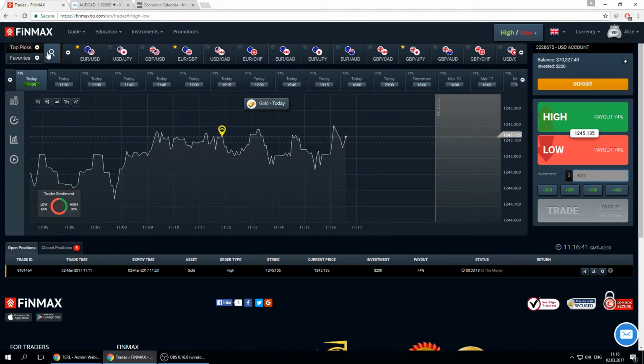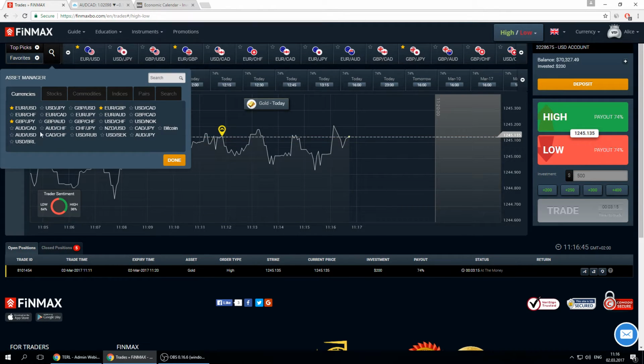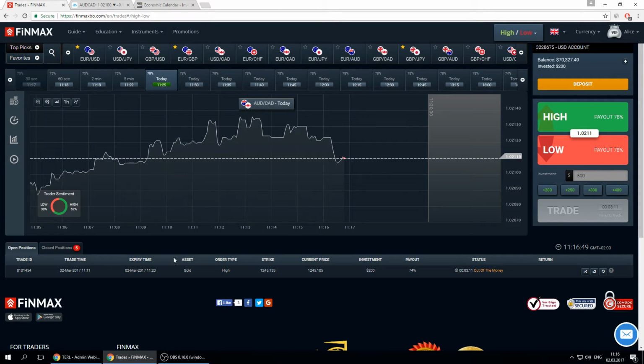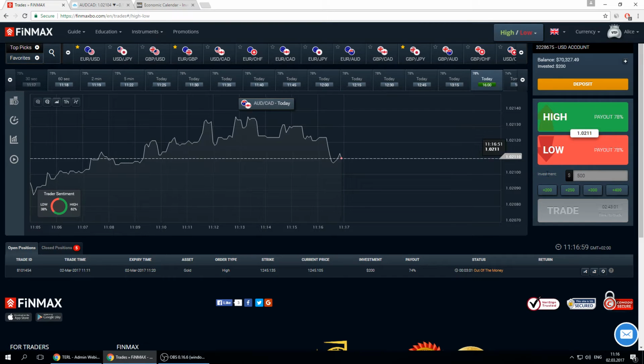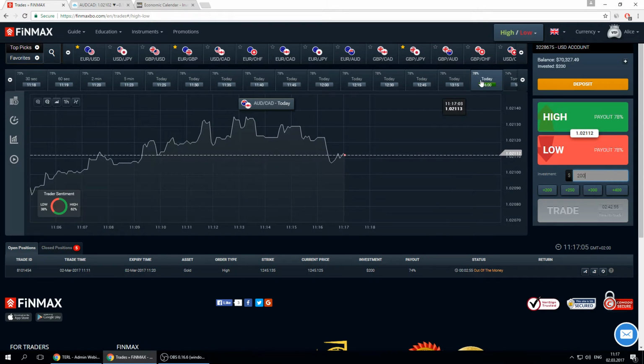Well, if you are not trading all the time on some asset, it's convenient to search for it here. Okay, so I set for moving down. This is probably my favorite expiry time. I really often open trades with this expiry.